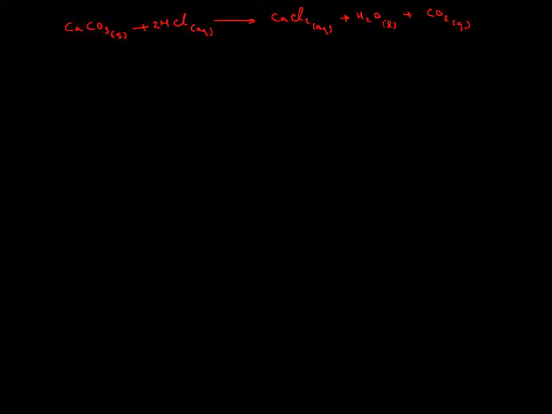Now, if you want to increase the concentration, make sure you go after HCl, the aqueous. So meaning that if you put 2 mole per decimeter cube of HCl, it should be approximately twice as fast as 1 mole per decimeter cube of HCl.